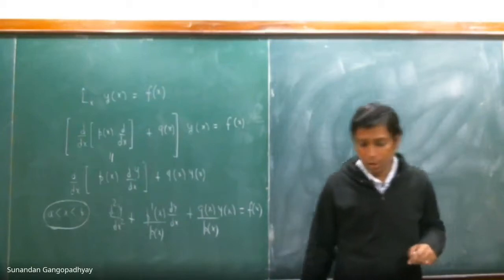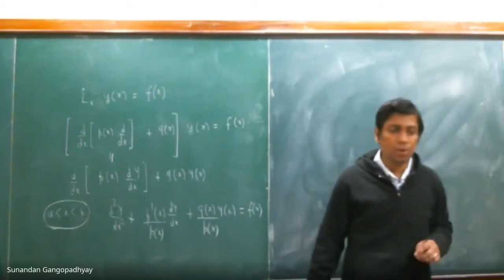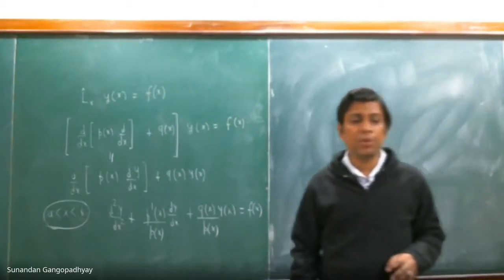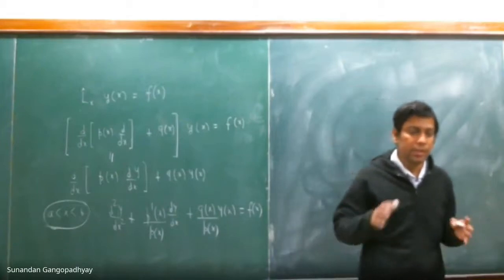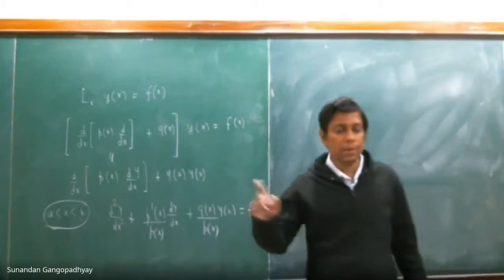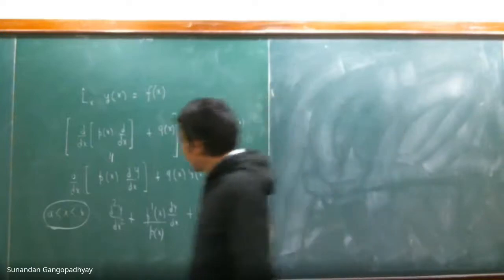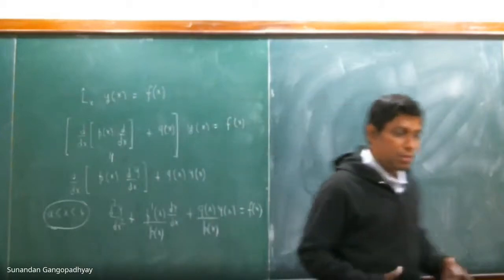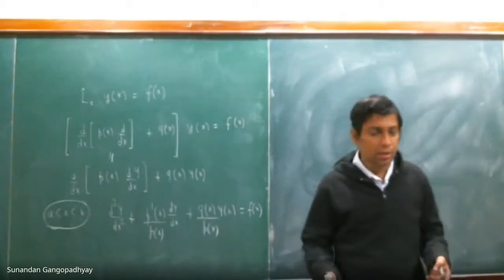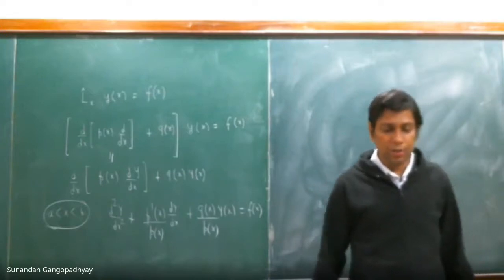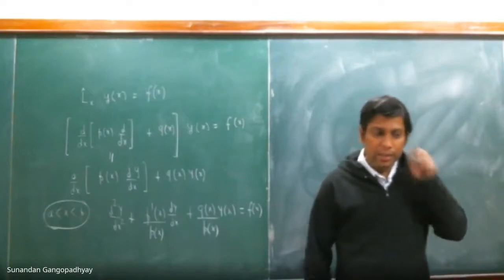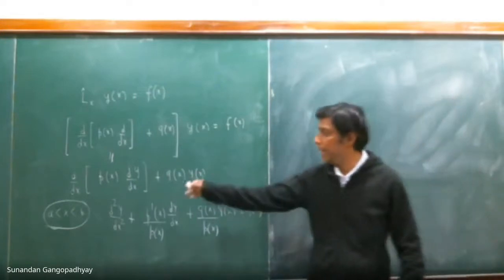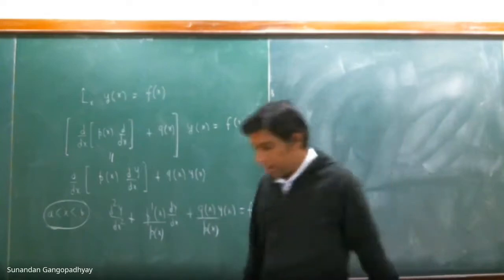You must have seen the solution of such a differential equation, but that differential equation is basically a three-dimensional differential equation. This Laplacian is basically del²/dx² plus del²/dy² plus del²/dz², right? So that is a three-dimensional differential equation, and in solving it, you will get a Green's function. You can use the Green's function technique to solve the differential equation, and that Green's function is basically the Green's function in 3 dimensions. But here we shall look at Green's function in 1 dimension, because for x you only have 1 dimension. So this is Green's functions in 1 dimension.